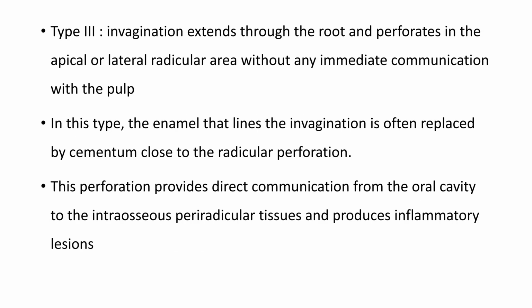The third type, type 3, has an invagination that extends through the root and perforates in the apical or lateral radicular area without any immediate communication with the pulp. In this type, the enamel that lines the invagination is often replaced by cementum close to the radicular perforation.